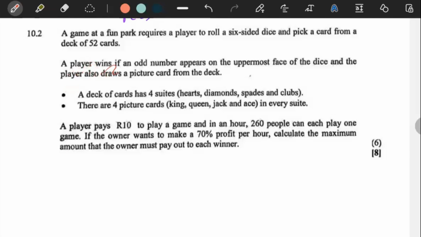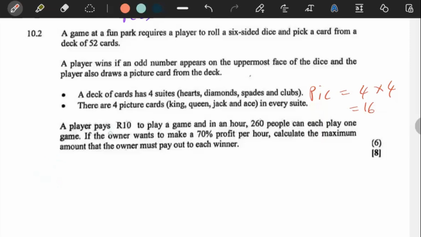The player wins if an odd number appears on the uppermost face of the dice, and the player also draws a picture card from the deck. A deck of cards has 4 suits: hearts, diamonds, spades, and clubs. There are 4 picture cards: king, queen, jack, and ace in each suit. So picture cards, that's technically 4 times 4, which is 16.